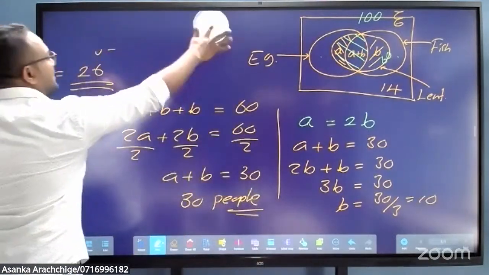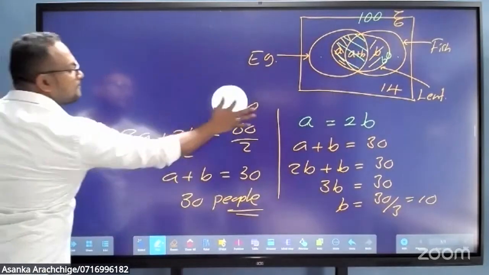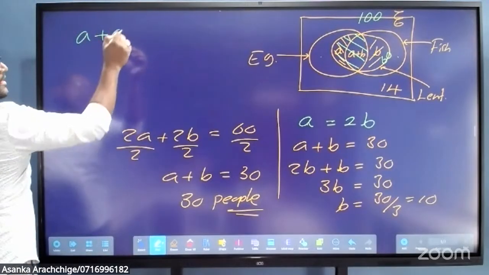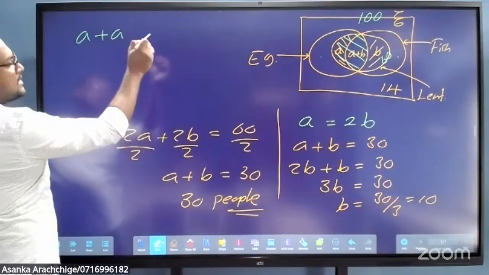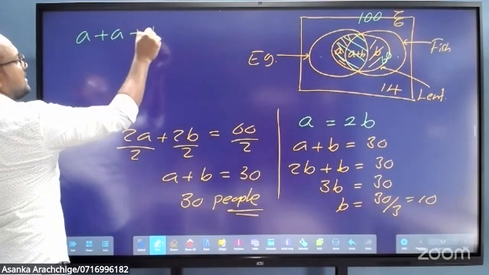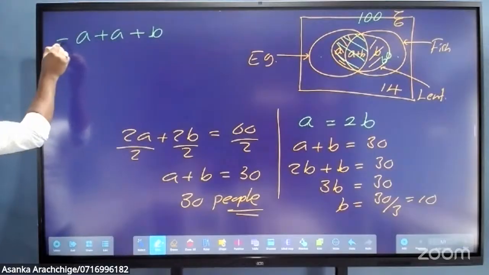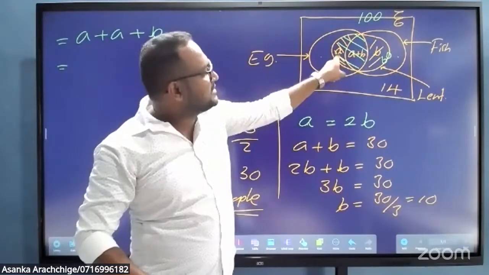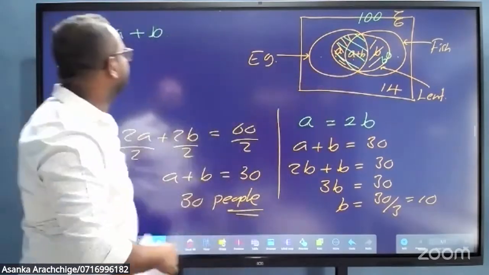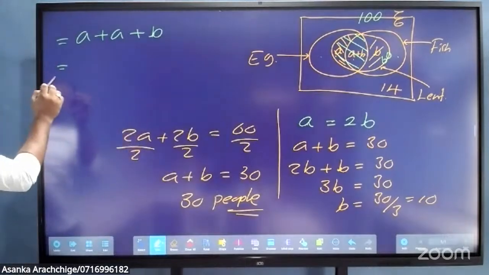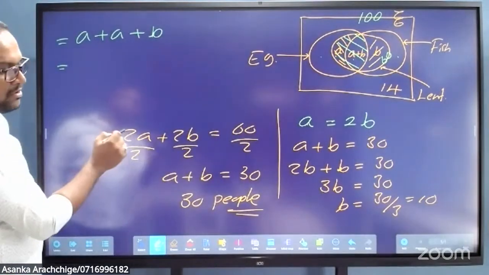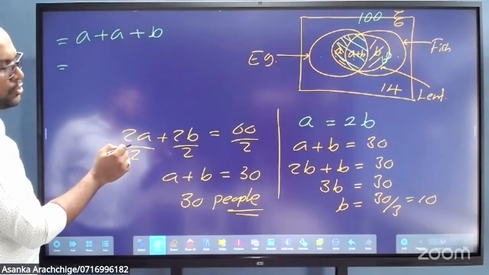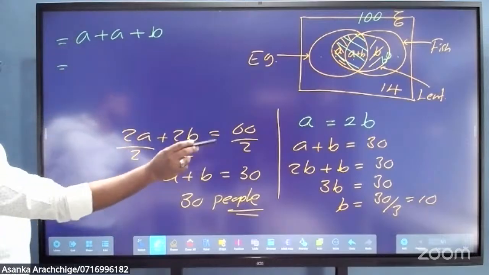That is A plus A plus B. The intersection of eggs and lentils is A plus A plus B. Now we have to find A. A is equal to 2B, and B is 10.